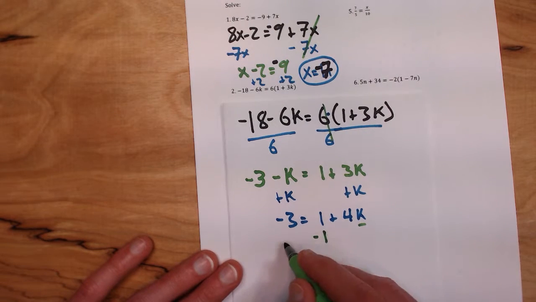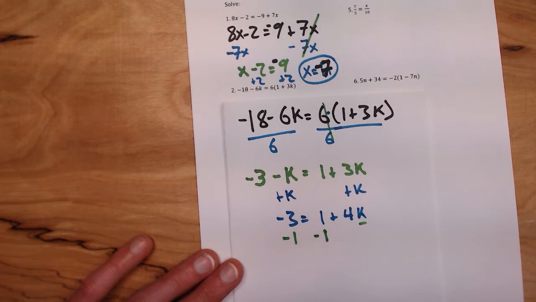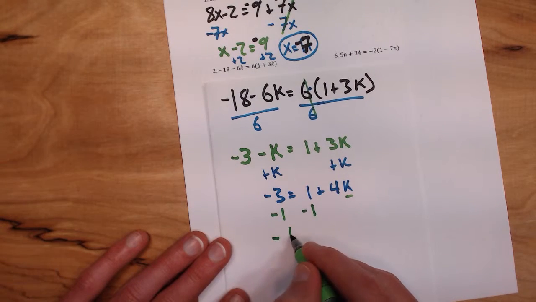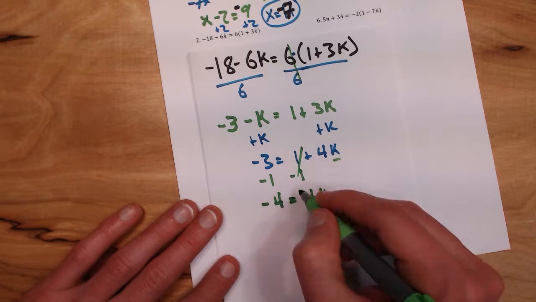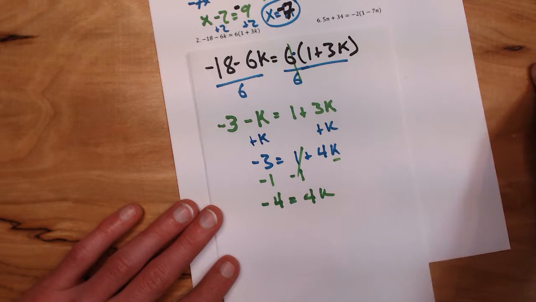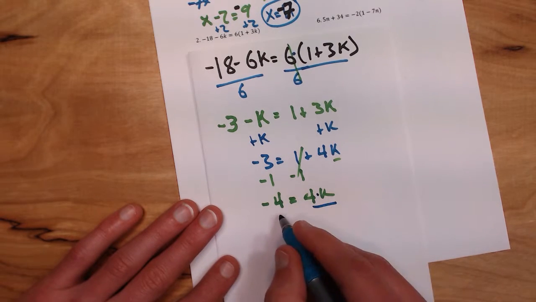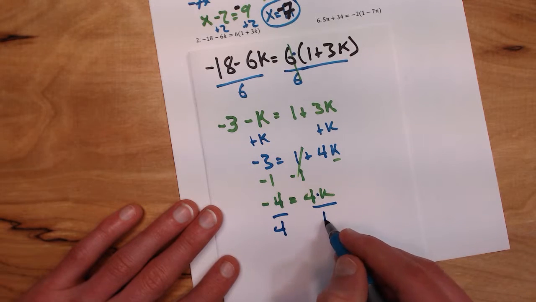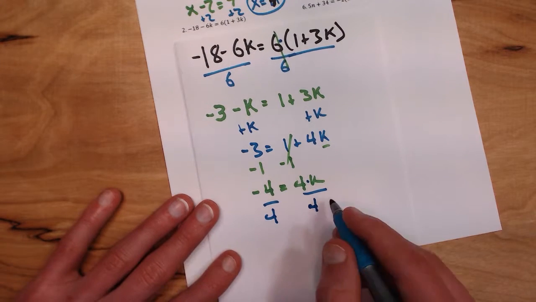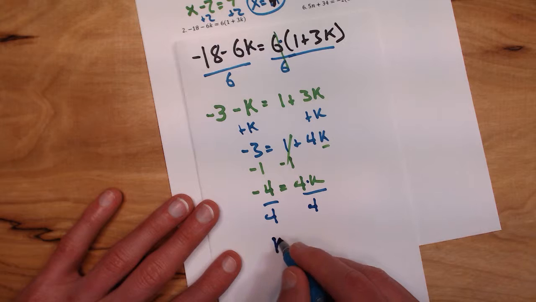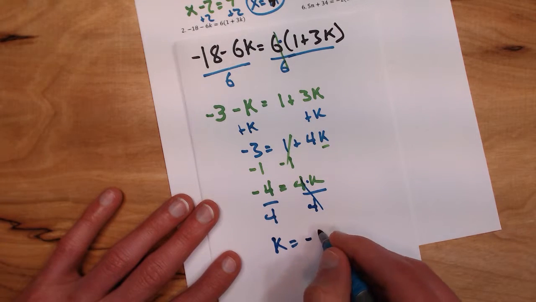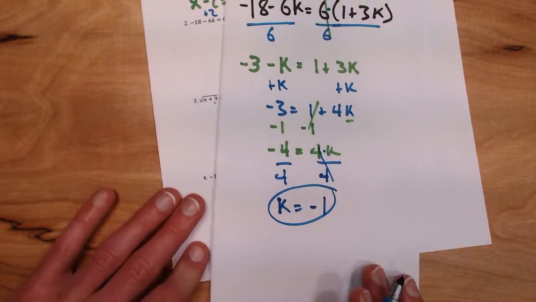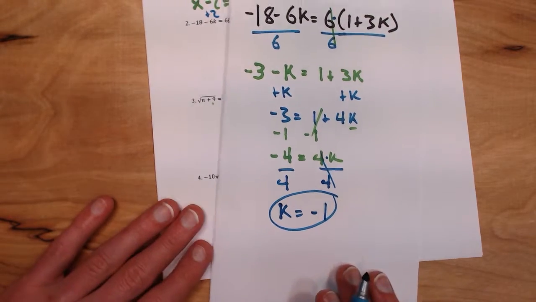So I'm going to subtract 1 from both sides, and I will get minus 4 is equal to 4k, because my 1's cancel. I'm going to divide both sides by 4 now, because right now they're multiplied. And we know that division is the opposite of multiplication. And I'm left with k equals minus 1. There you go. So that's number 2, k equals minus 1.